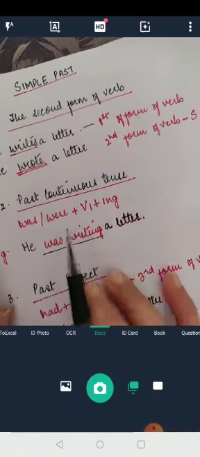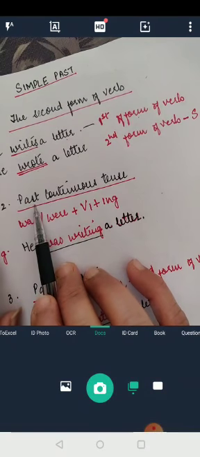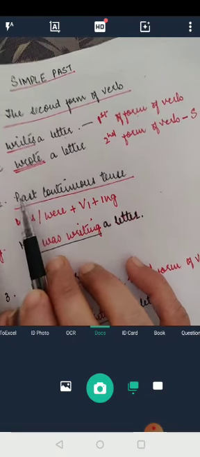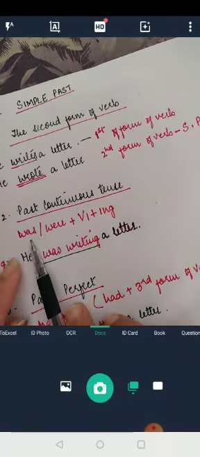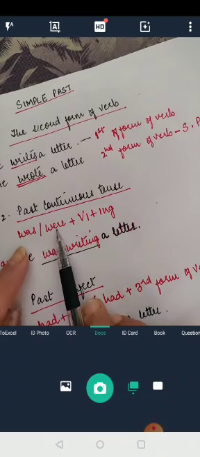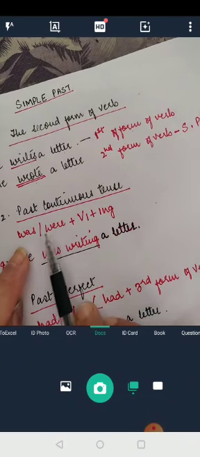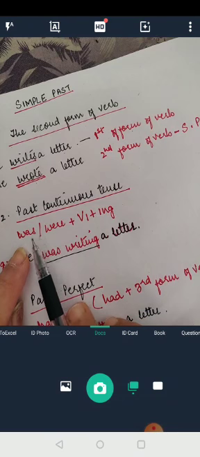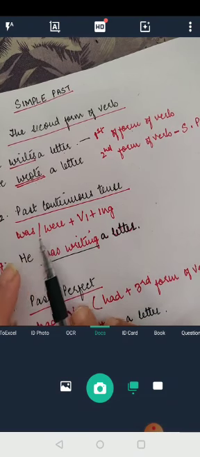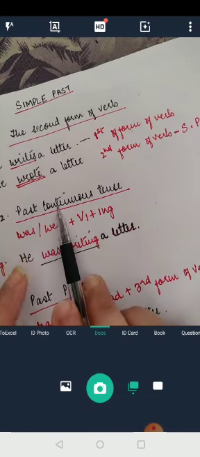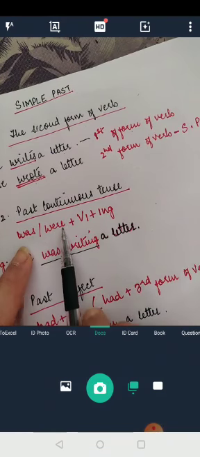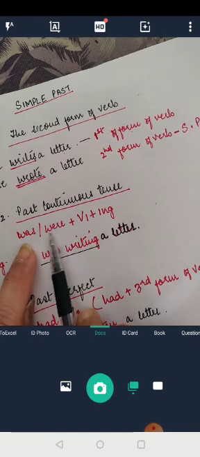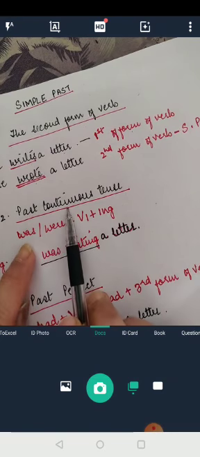Now the second form of past tense is past continuous tense. Like we did in present tense, where we have has and have, here in past continuous we have two words. Take it as a rule of past continuous.